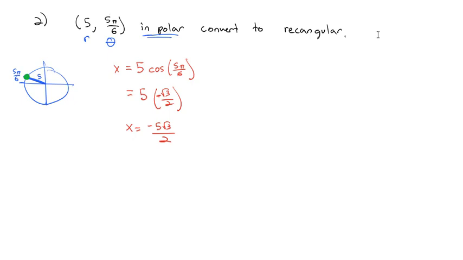If I want the y-coordinate, y is equal to the radius of 5 times the sine of the angle 5 pi over 6. Well, we know the sine of 5 pi over 6, the y-coordinate, it's a short distance up, must be 1/2. So the y-coordinate is 5/2.